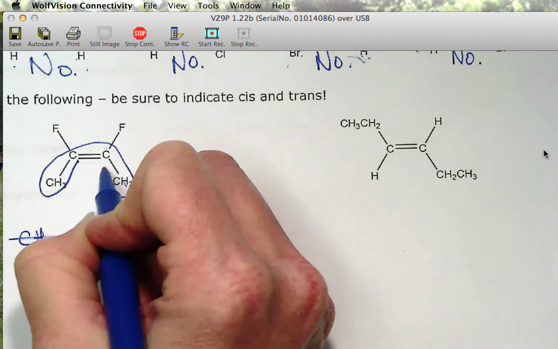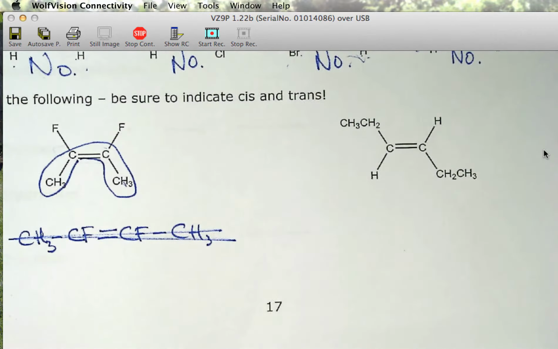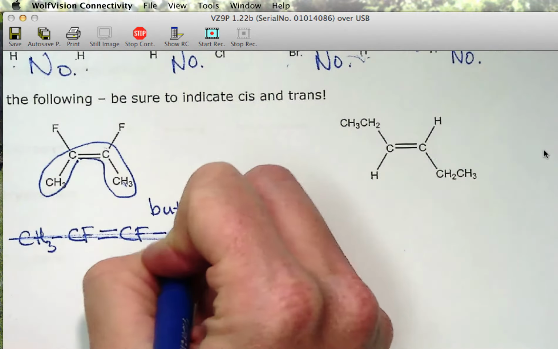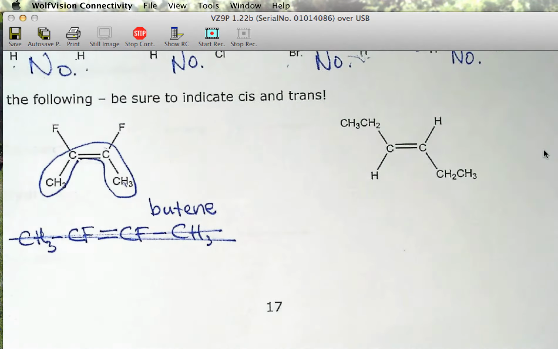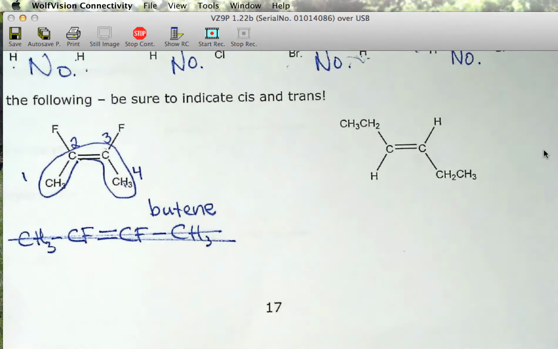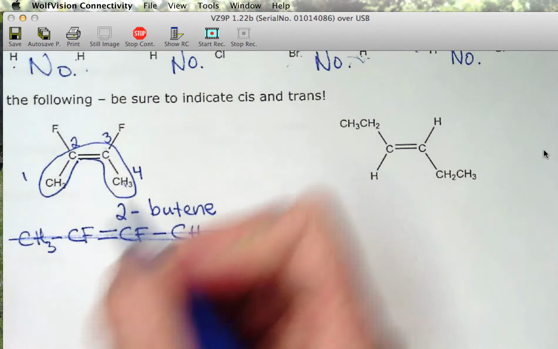So what is the parent in this one? Butene. And you have to tell me where that double bond is. So 1, 2, 3, 4. So 2-butene.